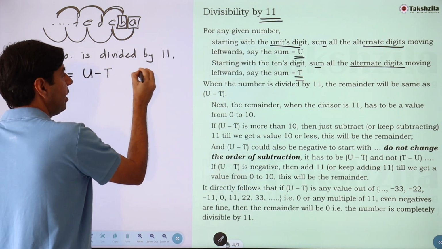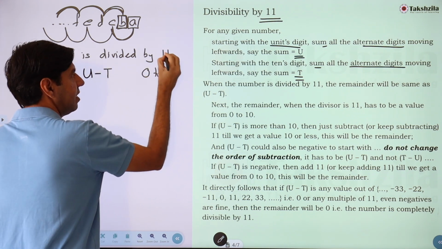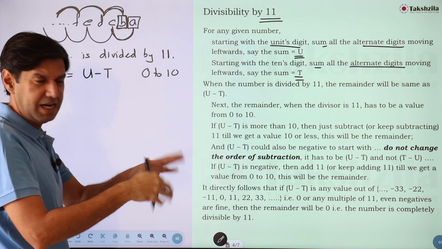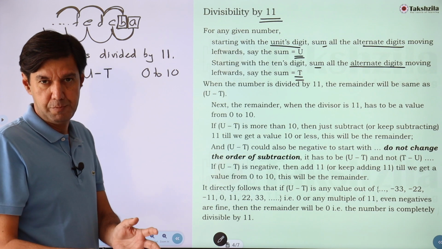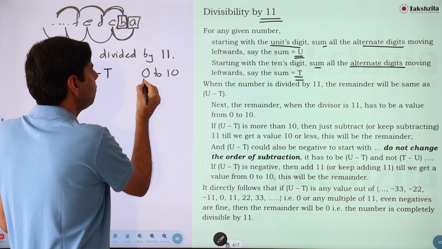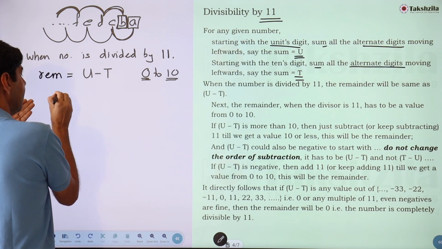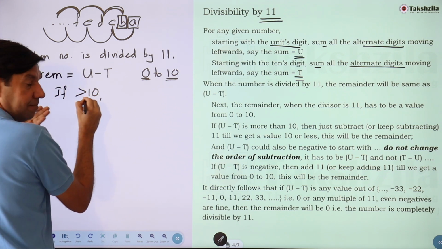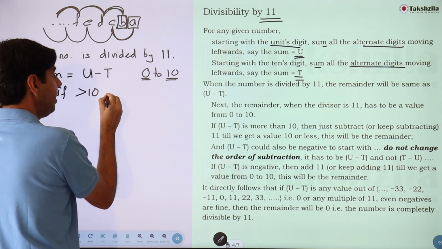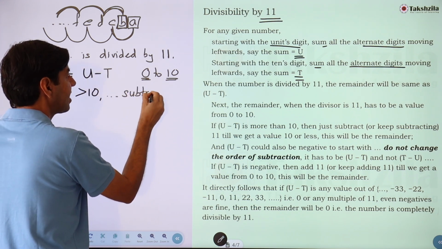And the remainder we know has to be a value between 0 to 10. When the divisor is 11, the remainder is leftovers. You cannot further divide. You cannot make another group of 11. So what will be left over will be 0 to 10 only. But if this number turns out to be greater than 10, and it could be, then what you do is you subtract 11.